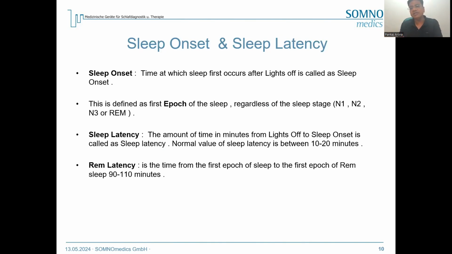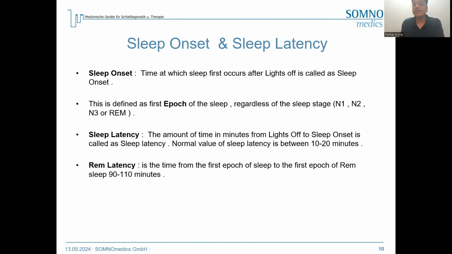Okay. Similarly, what is REM latency? REM latency is the time from the first stage of sleep, from the sleep onset, to the REM onset. For example, we define lights off at 9 p.m. He slept at 9:20 p.m. But his REM stage came at 10:30 p.m. So from 9:20 till 10:30 p.m. is 1 hour and 10 minutes, which means 70 minutes.